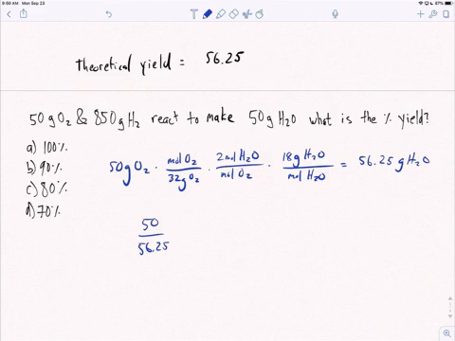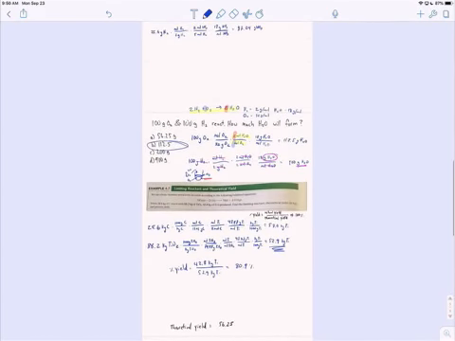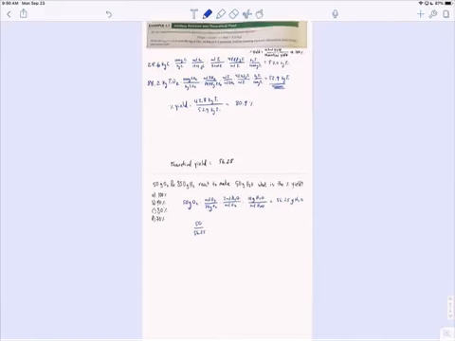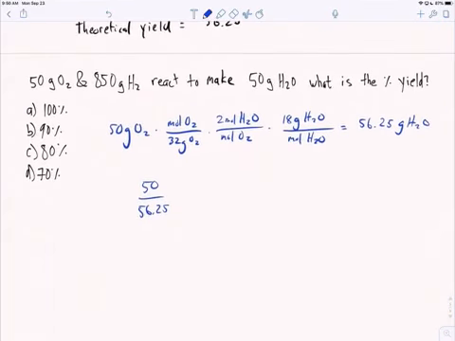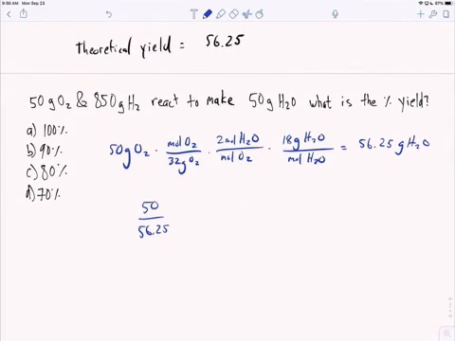Show your work, how you got that. The last answer was 112.5. So hydrogen is 1, oxygen is 16. 2 times 1 plus 16.